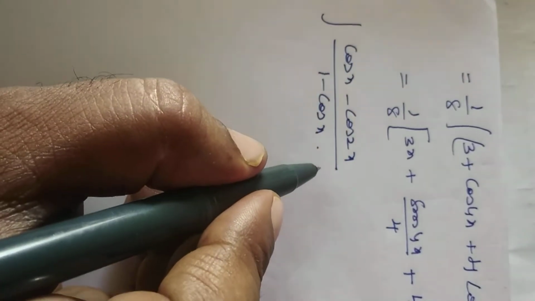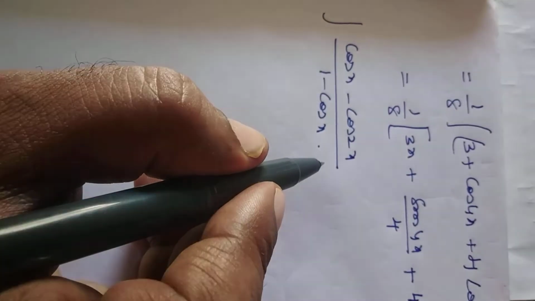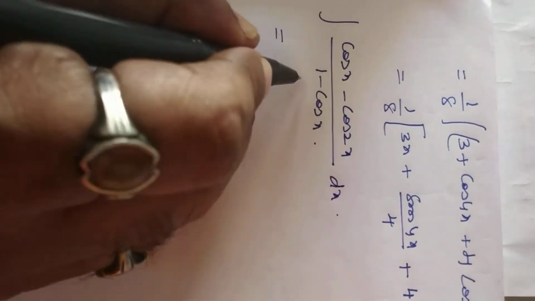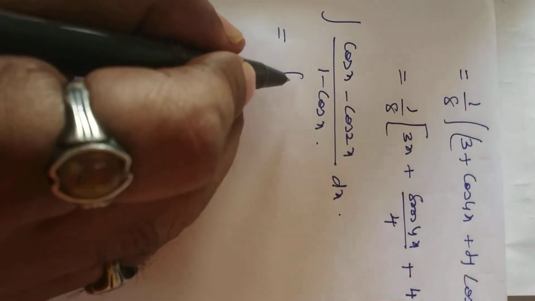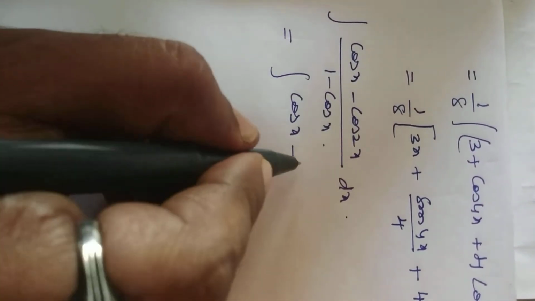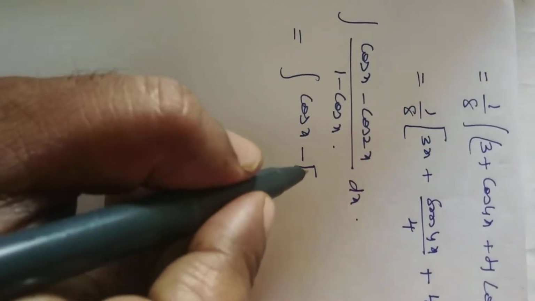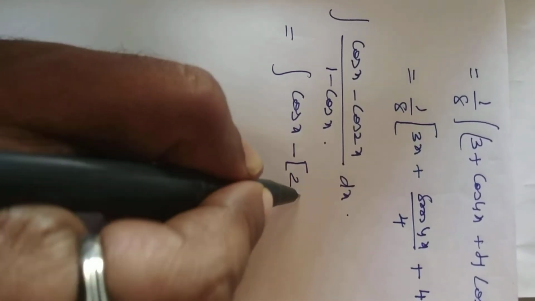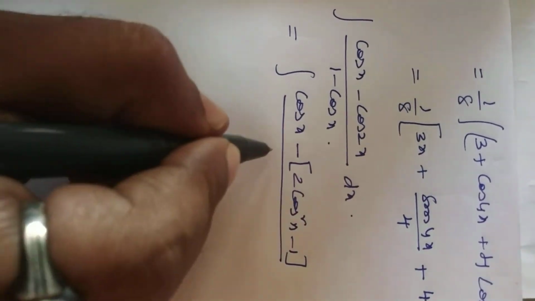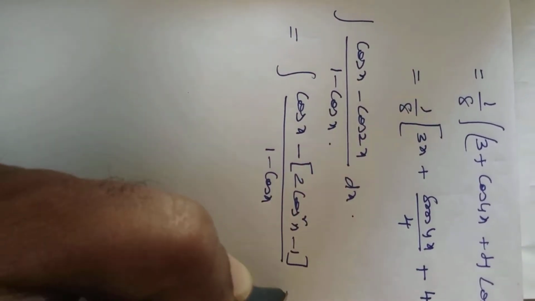Okay, so cos x minus cos 2x by 1 minus cos x dx we have here, which is equal to the integration of: write this cos x minus this cos 2x. We have a formula. What is the formula here? 2 cos square x minus 1 is the formula for this, by 1 minus cos x dx we can write.